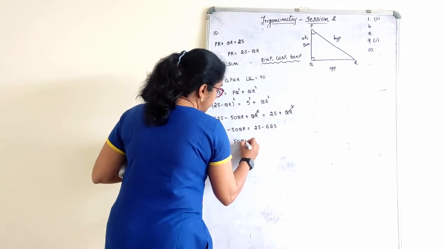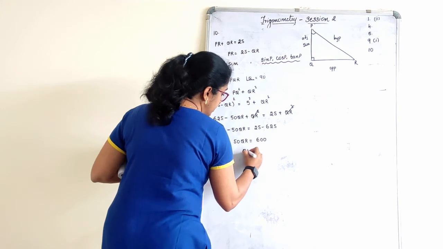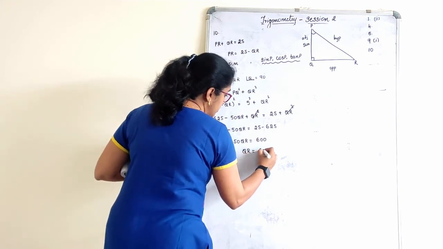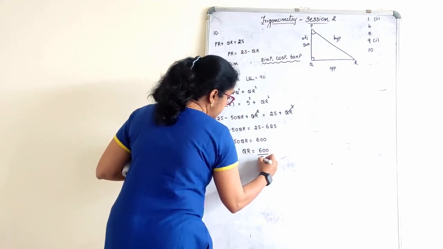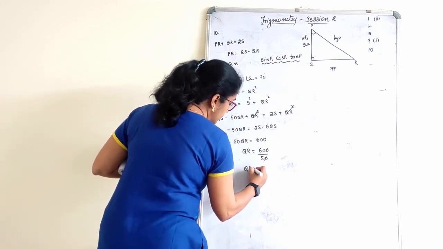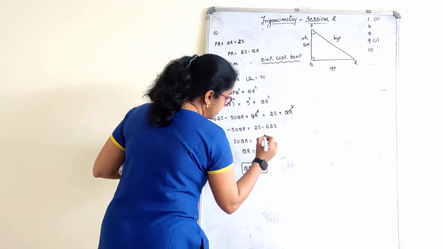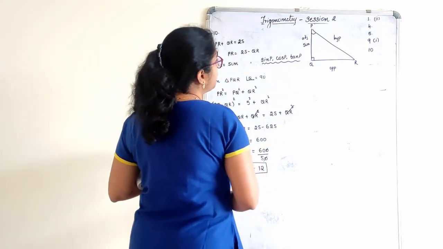Minus 50 QR is equal to 600. Minus and minus will get cancelled. 600 divided by 50, 0 and 0. QR is equal to 12. 5 12s are 60. We got to know the value of QR.